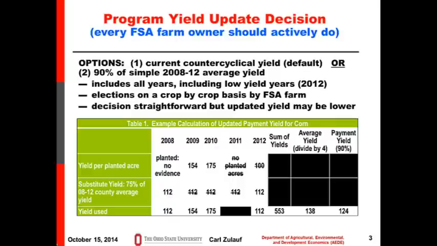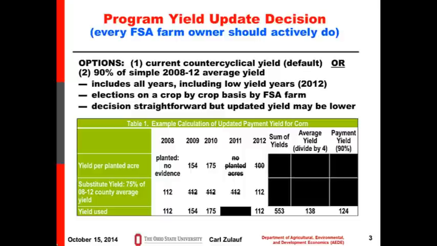So there is this playoff that occurs between this substitute yield and the actual yield on the planted acres. If there was no planted acres during that year to that crop, that year is not included in the calculation. This is the notion of a simple average. So you literally could have only 1 year in the 2008 through 2012 period that you planted to a crop, and that would be the yield that you could have as the update.